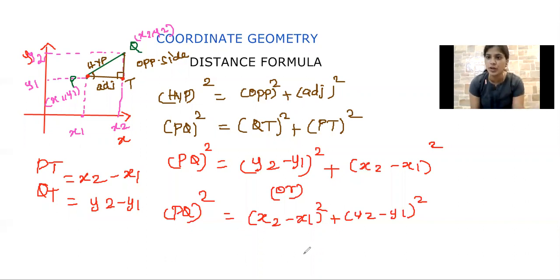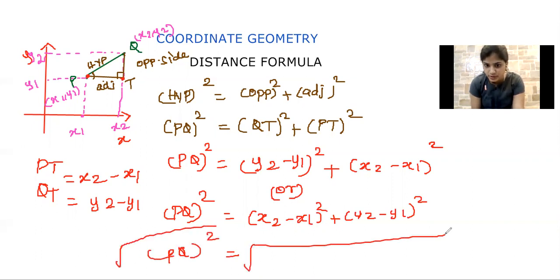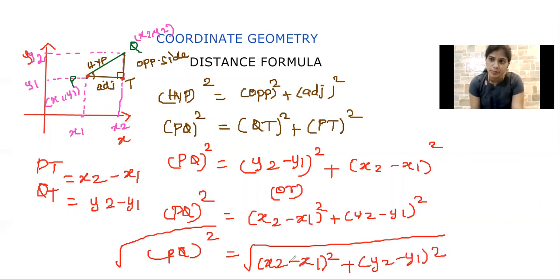If I apply square root on both sides, the square will get removed from the left-hand side. So this PQ square, if I apply square root over here, and on the right-hand side, x2 minus x1 the whole square and y2 minus y1 the whole square will be underneath the square root. And for the PQ, you have square here, right? This square and this square root will get cancelled out.